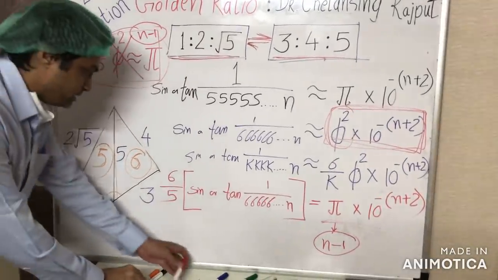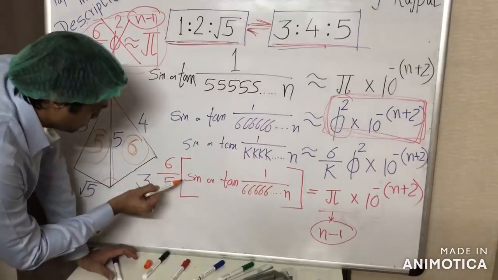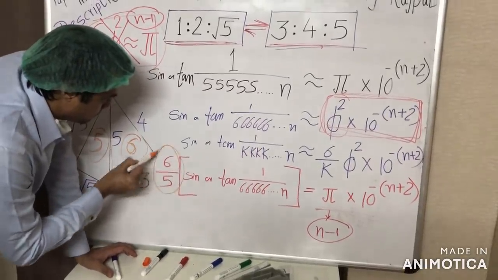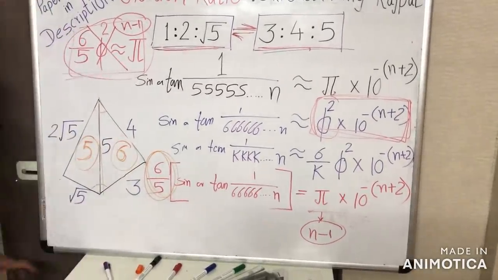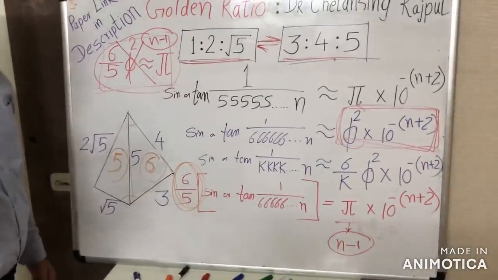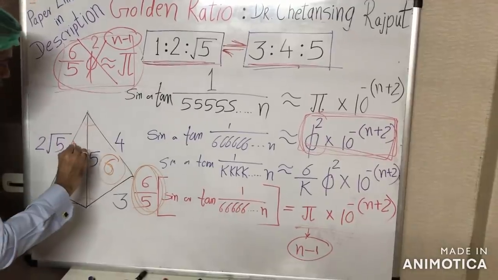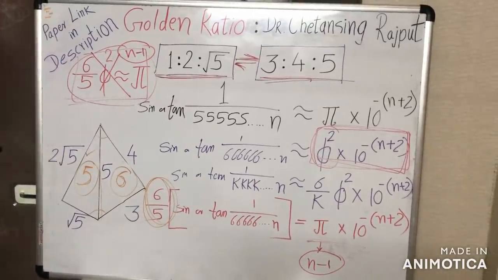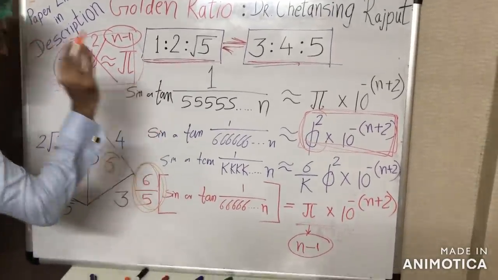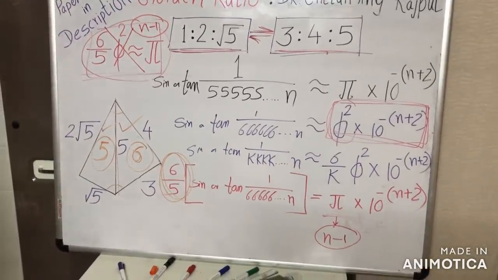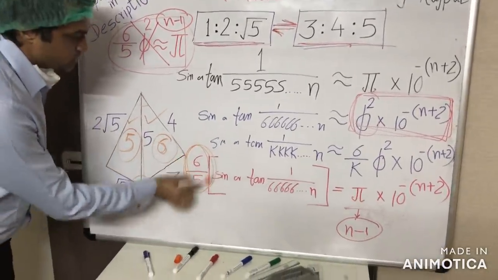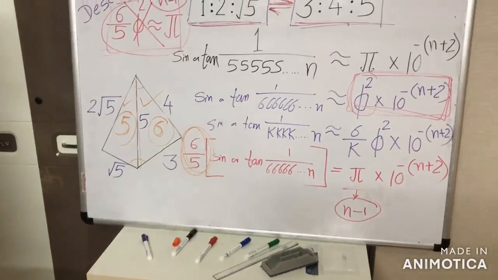What is remarkable here is that this figure, this 6 upon 5, is precisely the ratio between the areas of equivalent size 1 to root 5 golden triangle and the 3, 4, 5 ubiquitous Pythagorean triple. That is the significance of this 6 upon 5.